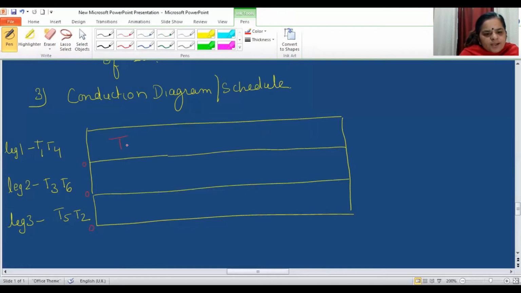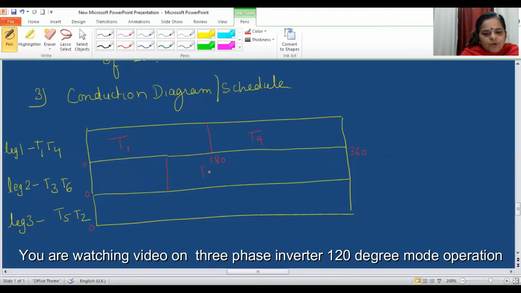If T1 starts conducting at 0, then as per assumption number 1, T4, which is the SCR from the same leg, can only start conducting at 180 degrees. So from 0 to 180 T1 will conduct, and from 180 to 360 T4 will be conducting or in its forward bias duration. Similarly, as per the second assumption, T1, T3 and T5 are from the same group, so they will start conducting at an interval of 120.